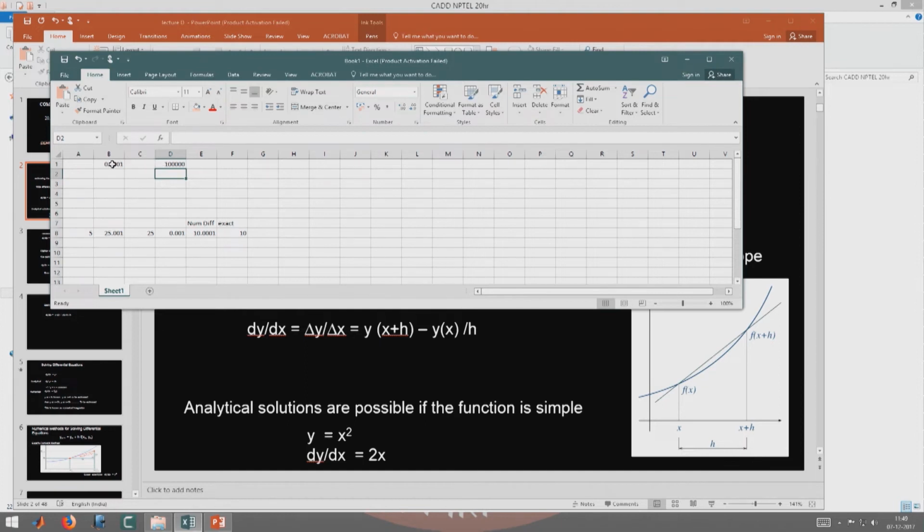But if step length is small, your error also will be less. For example, with 0.0001 my error is 0.01% in dy by dx, whereas if I go to 0.01, my error becomes 1%, which is too much. About 0.1% error is very good to have, but the number of calculations also keeps increasing.